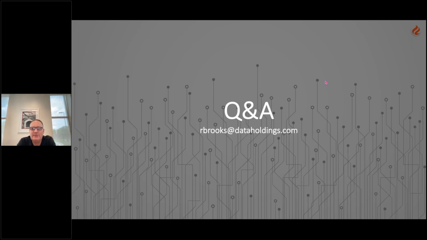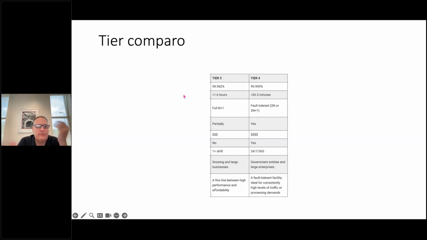So what can I expect in terms of downtime with the various tiers? Tier 4 almost gets you to five nines of uptime. I have an extra slide. We're really talking tier 3, tier 4 here.